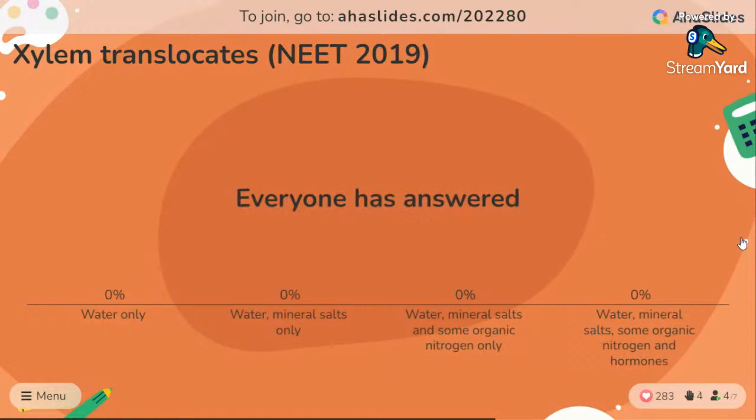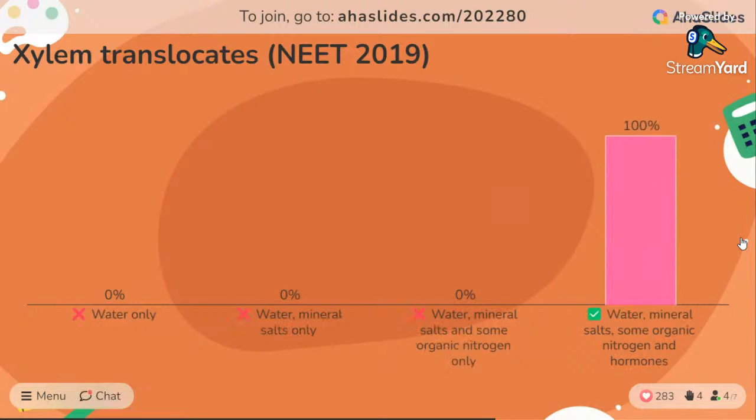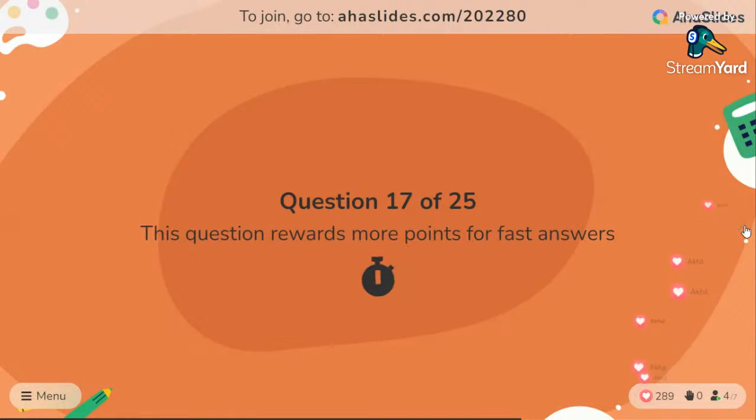So xylem translocates not only water, it will never transport only water and mineral salt, it will transport water, mineral salt, some organic nitrogen and hormones. Let's have the next question on the screen.